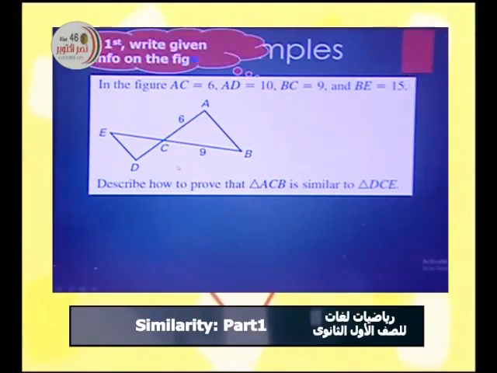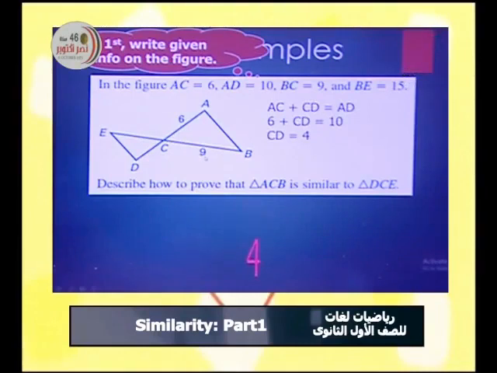Think. And we have BC equal to 9 and BE equal to 15. This whole side BE equals 15, and a part of it, CB, equals 9 centimeters. So think about the length of CE.